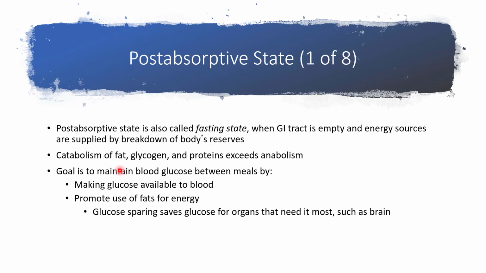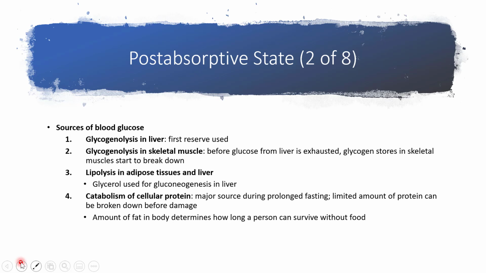Here we have catabolism of fat, glycogen, protein exceeds anabolism. The goal is to maintain blood glucose between meals by making glucose available to blood. And it promotes the use of fats for energy. And glucose sparing pretty much saves glucose for organs that need it most, especially the brain. The brain is the one that needs it most.